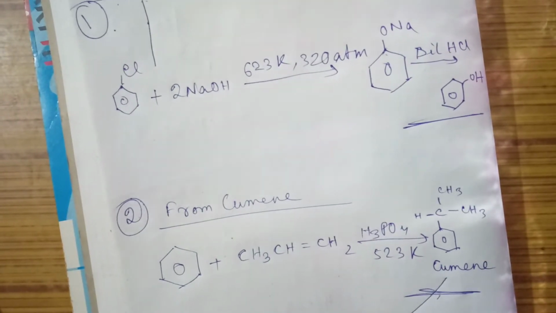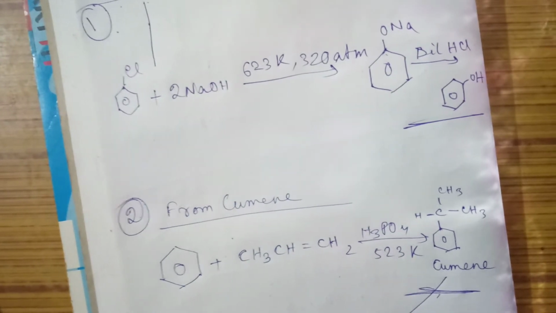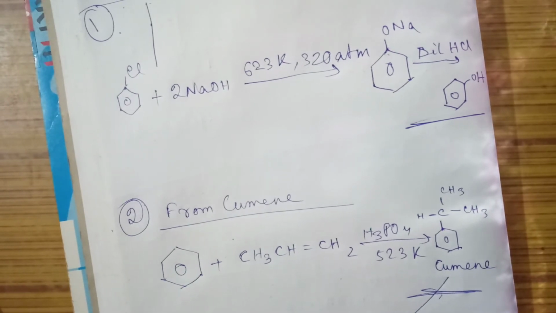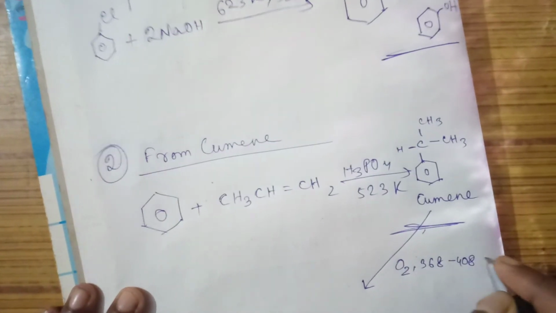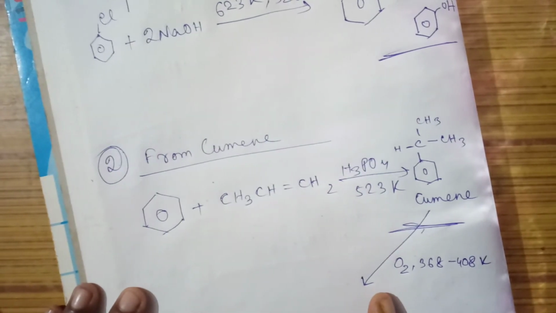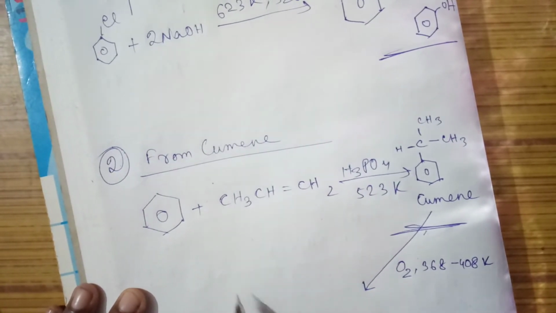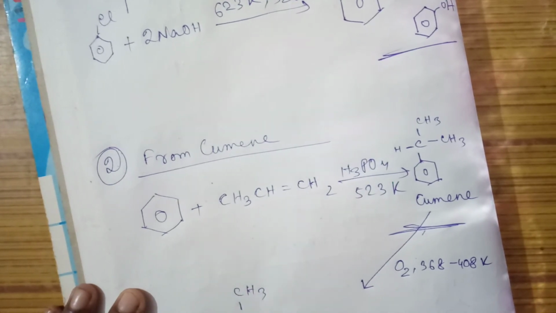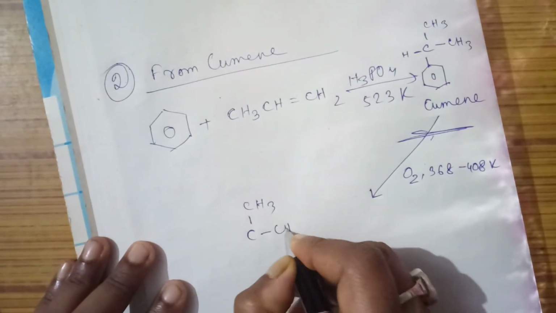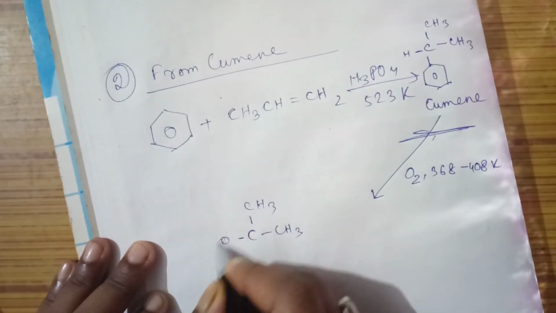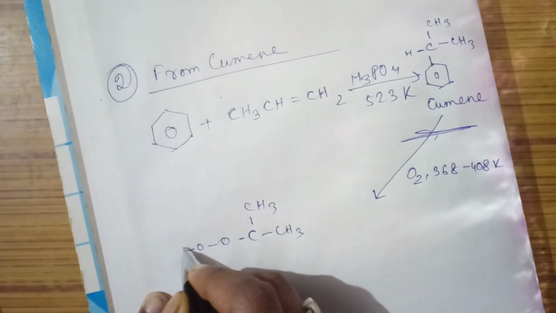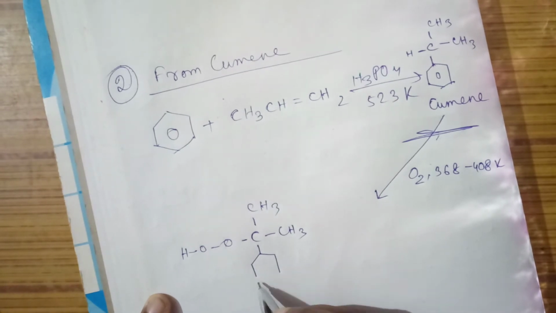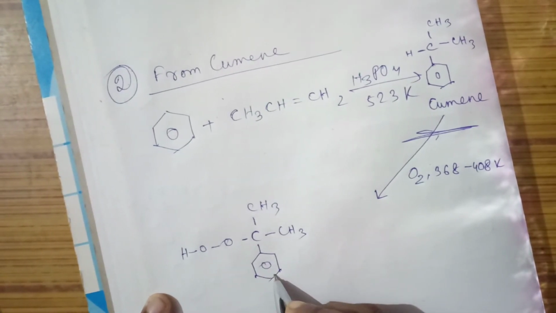Now in this cumene, if you are adding oxygen at 368 to 408 Kelvin temperature, that is aerial oxidation it is called, we will first of all get a compound known as cumene hydroperoxide.